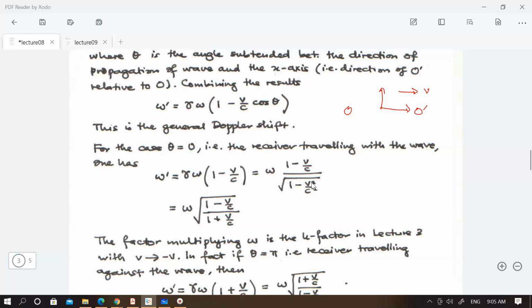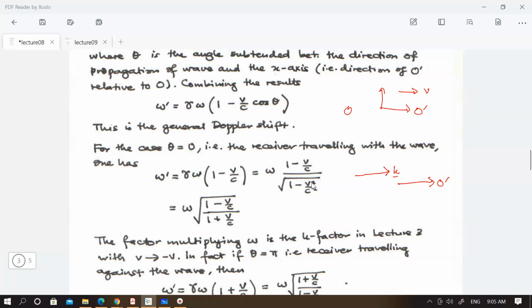So just like before, we have your O dash moving in some direction x, and then we set the case of theta equals 0. In other words, the light is propagating in the same direction as your frame O dash.